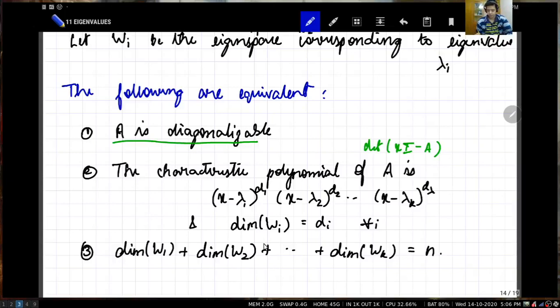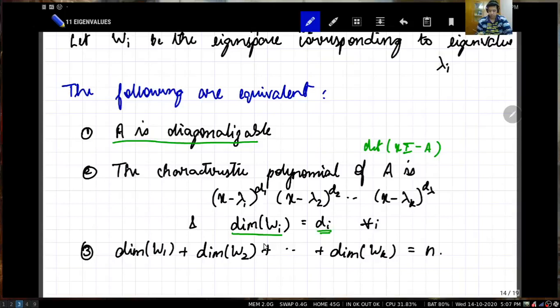Obviously the characteristic polynomial is a polynomial of degree n, so the di's must sum to n. So A is diagonalizable if and only if the characteristic polynomial of A is equal to this, and the dimension of the eigenspace corresponding to lambda i is also equal to di.